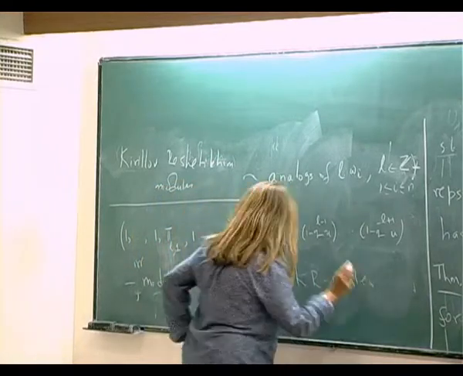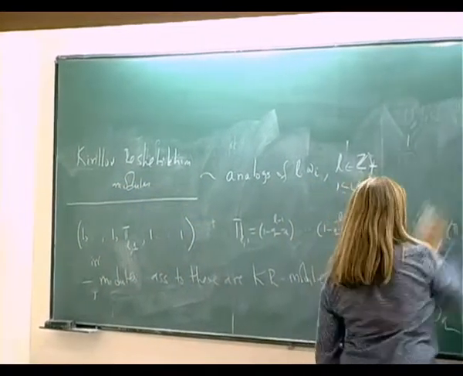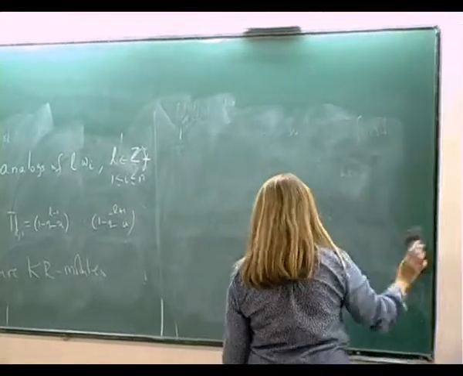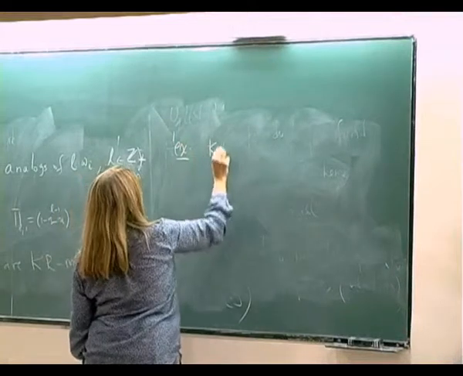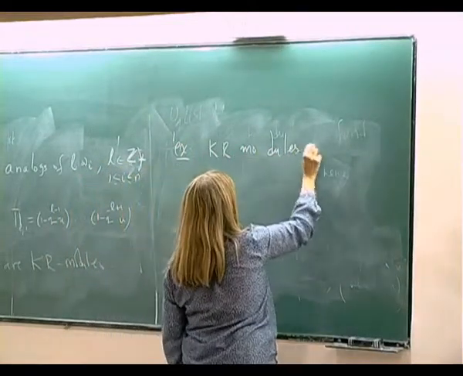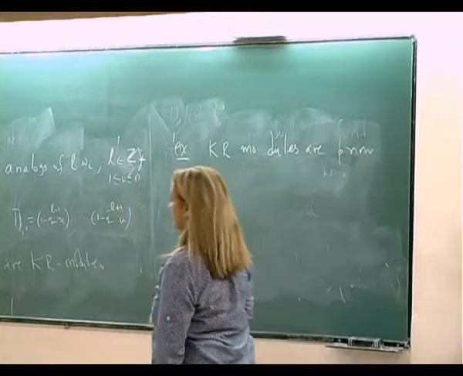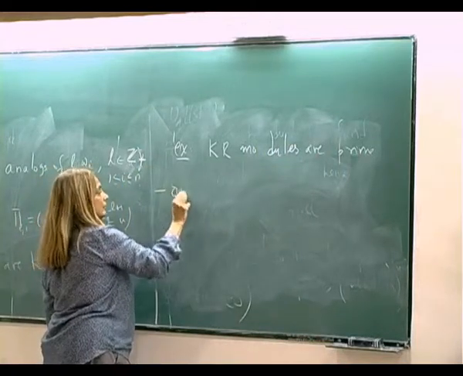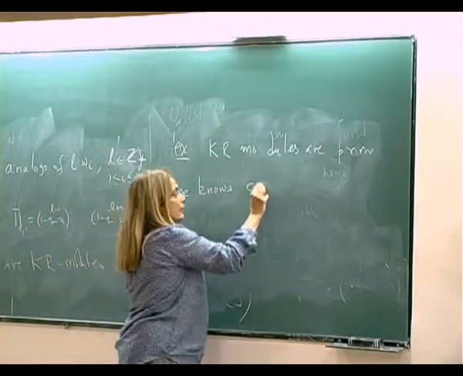Okay. So again, it's a slightly harder exercise, but it's still an exercise. The Kirillov-Reshetikhin modules are prime. And there's extensive literature on these modules, and through the work of many, many people, one knows everything about these modules.